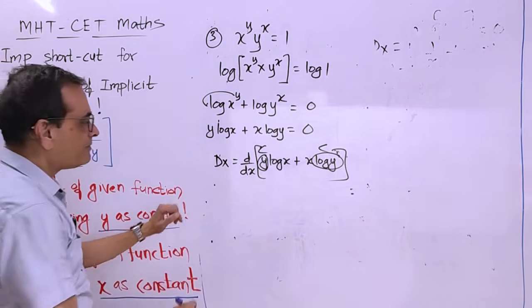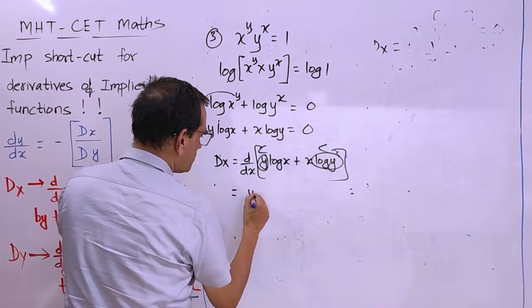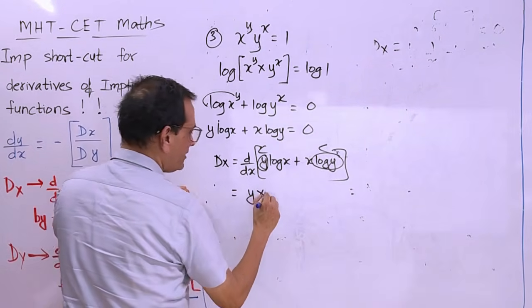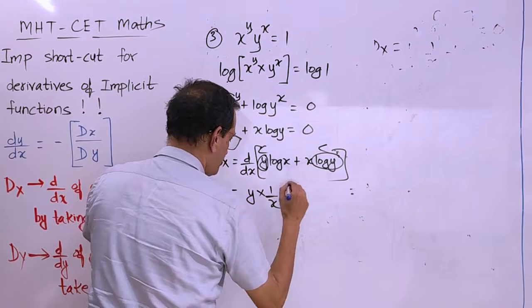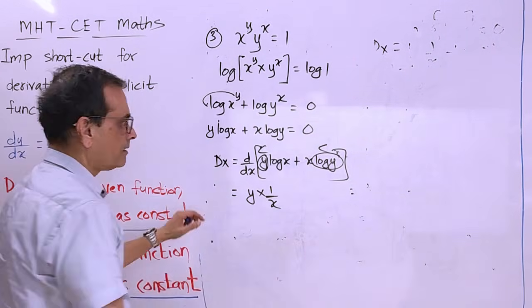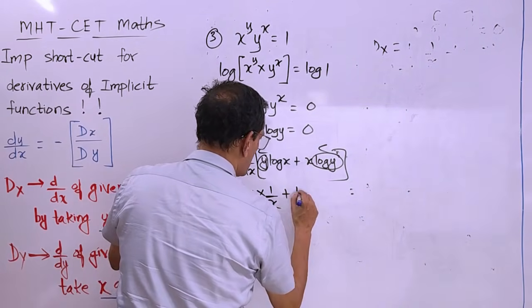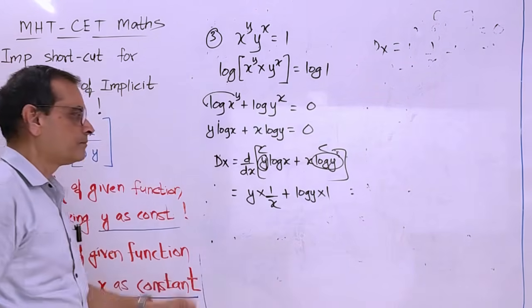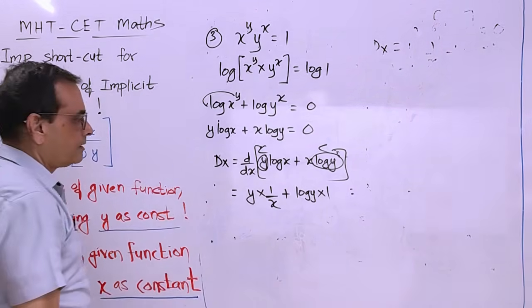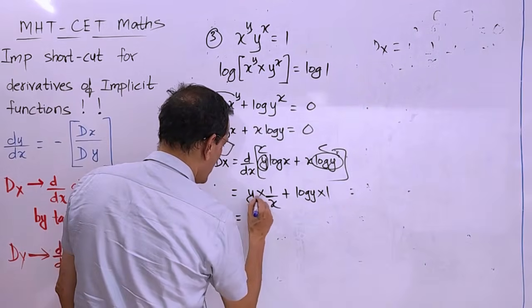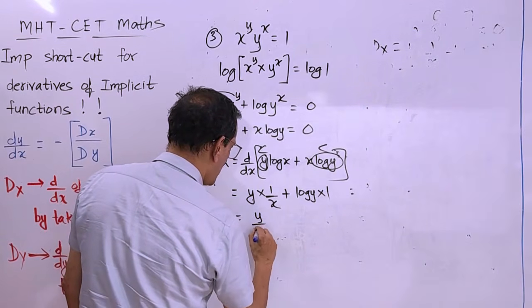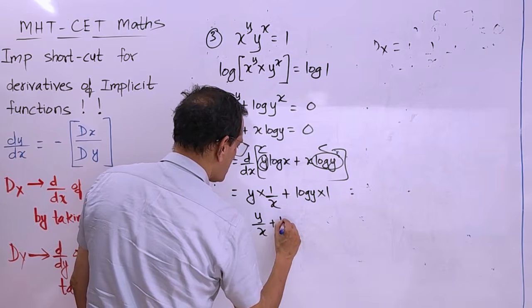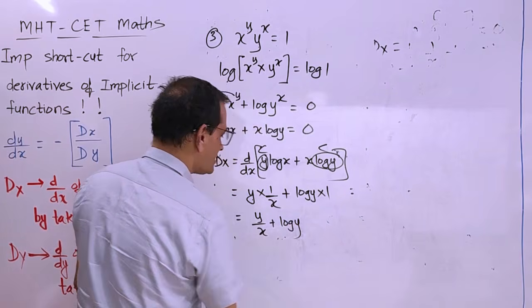So when you open up the brackets, constant को बाजू को रखना है, derivative of log x 1 upon x. Constant को बाजू को रखना है, derivative of x is 1. Y into 1 is y upon x plus log y.